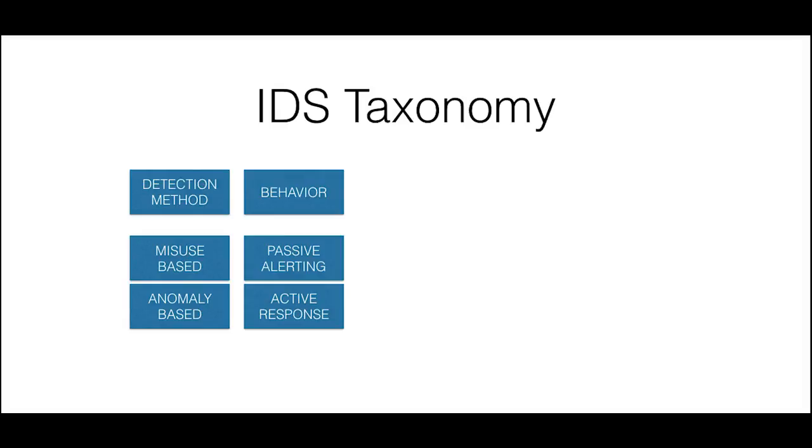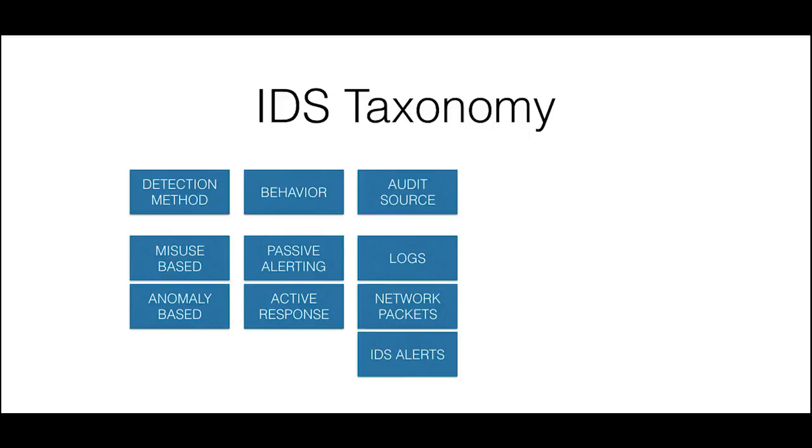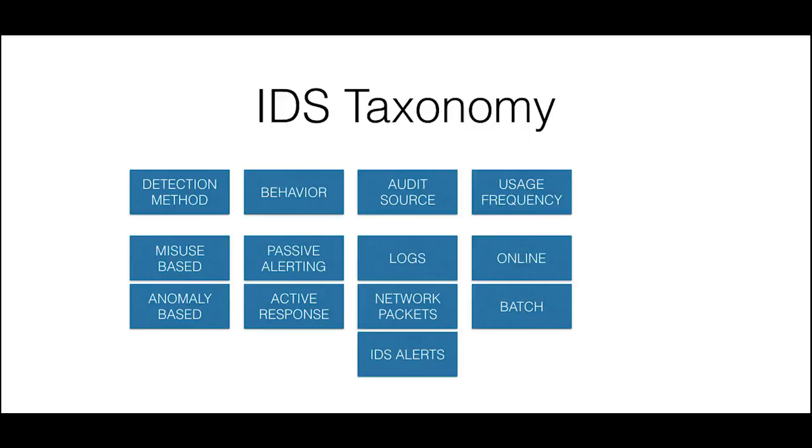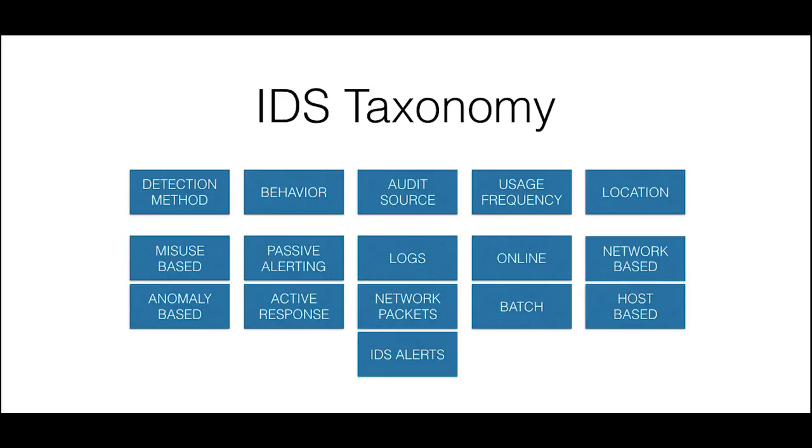Second, the behavior on detection, that is defined by what kind of action is taken after an attack is detected. Third, the audit source, namely which data the IDS is analyzing. Fourth, the usage frequency, which tells us when an IDS runs its analysis. Finally, the location of an IDS, being this network-based or host-based. We will dig deeper into these aspects in the remainder of this lecture.